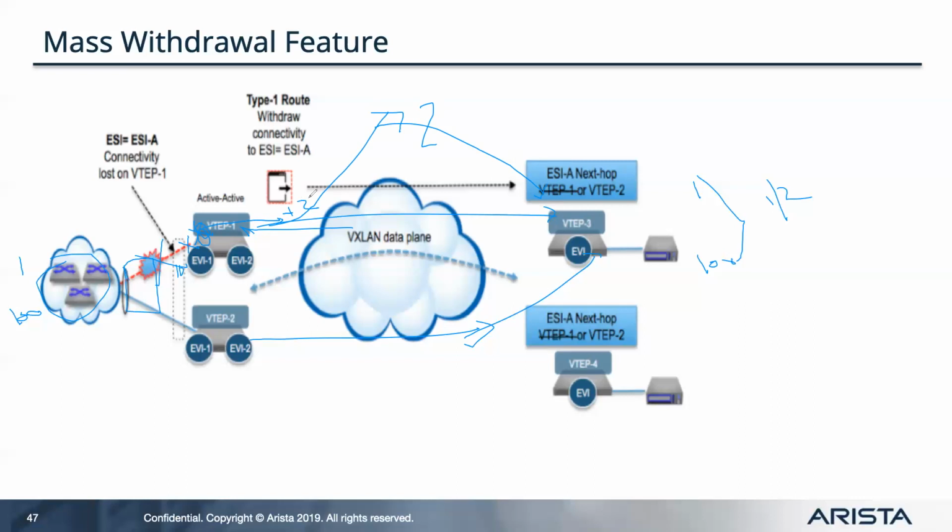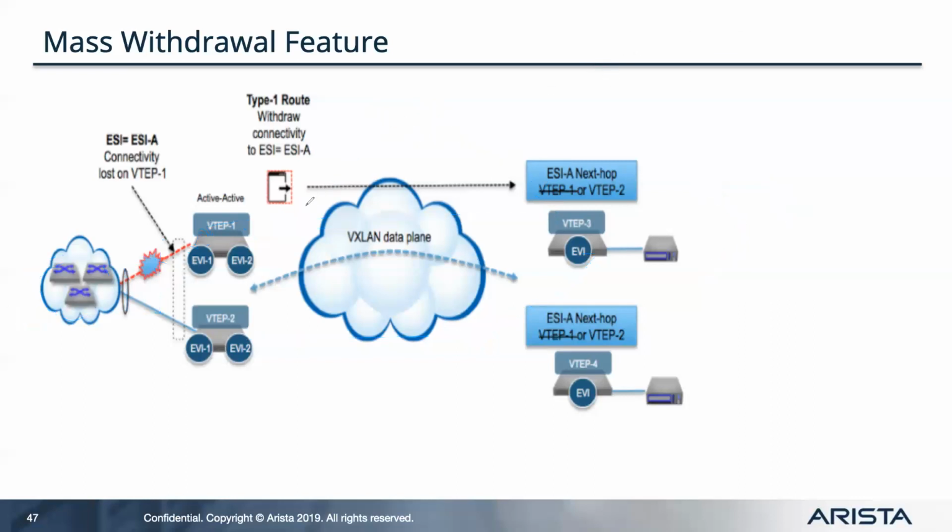Let's say this guy sends out. Okay, so originally it started like this. Let me clear. It started like this. First, this link was up. Both links were up. Let's say all 100 hosts learned here. All hosts have sent the first packet here to VTEP 1. You learn all the 100 MAC addresses.